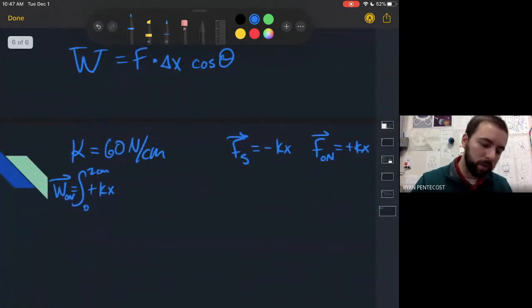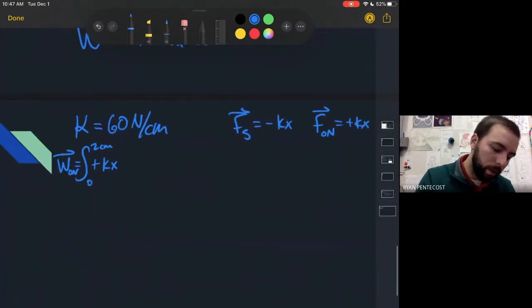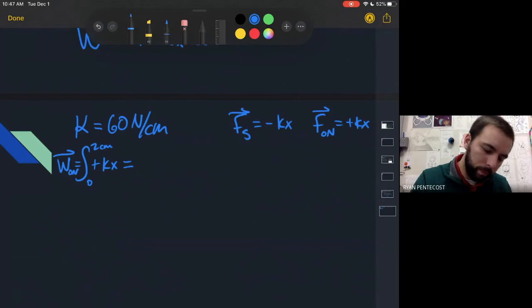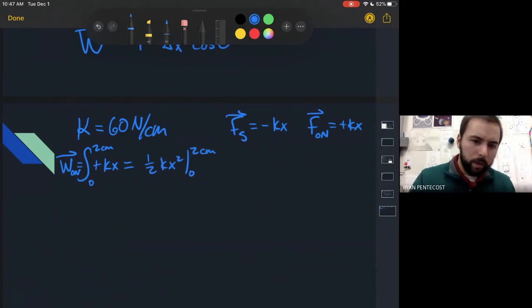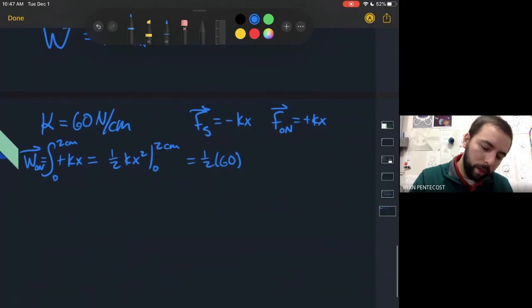So for the work done on a spring, we have 1/2 kx squared from 0 to 2 centimeters. If we do this math, we have 1/2, k is 60, and we want to go from 2 centimeters squared minus 0 centimeters squared.